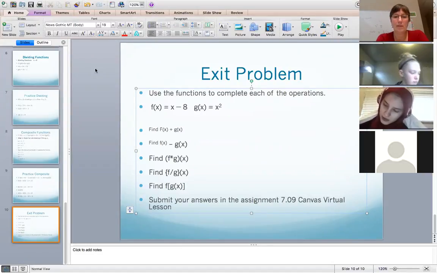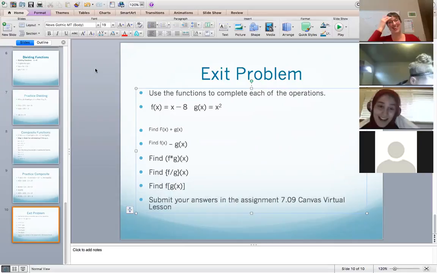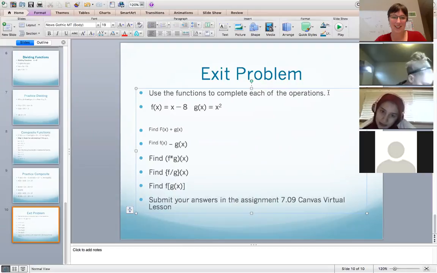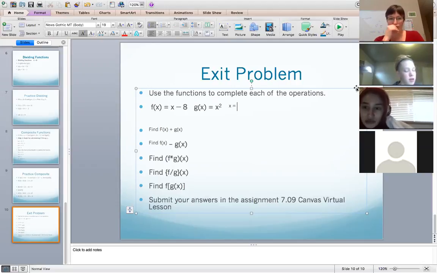We're subtracting them. You probably need a value for x, don't you? That might be helpful. Good point. Sorry. Okay, so let's use 4.